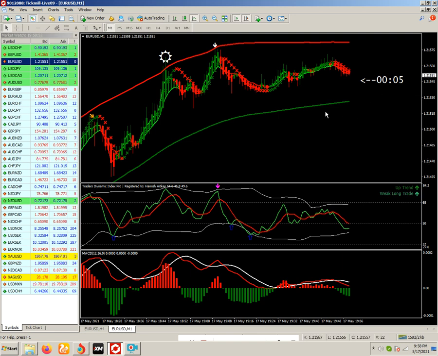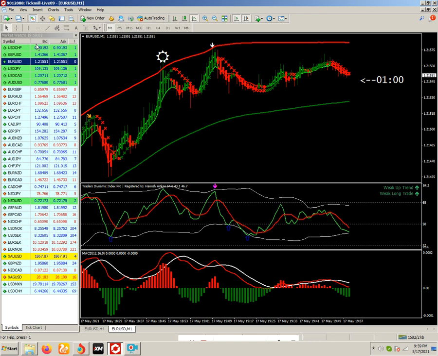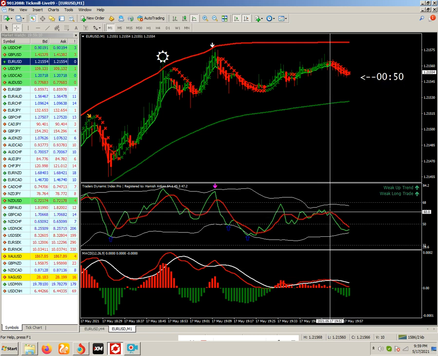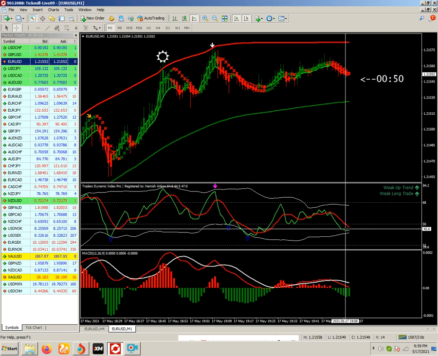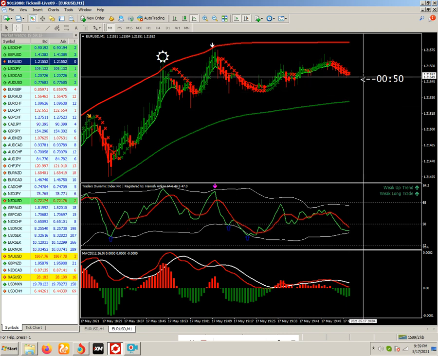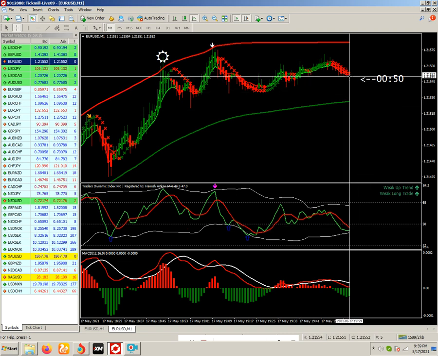For example, if you are doing binary options, you can check here. You just need to wait for these lines to cross. When the red line crosses the green lane, then you can set the sell entry for 1 minute. And now you need to wait for the next entry, because at this moment you cannot make any kind of entry.